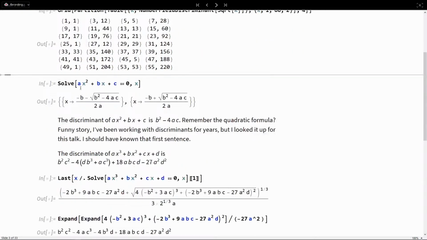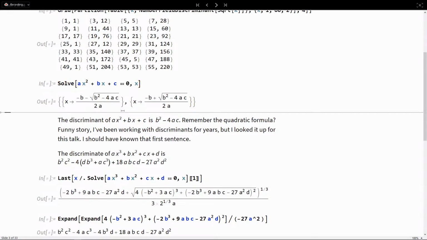And you're probably familiar with the quadratic formula. The discriminant is this part on the inside. Now, funny story: I've been using discriminants in number theory for a number of years, but it wasn't until I started putting this talk together that I came back to the actual definition of discriminant and realized that this was the discriminant in the quadratic formula.